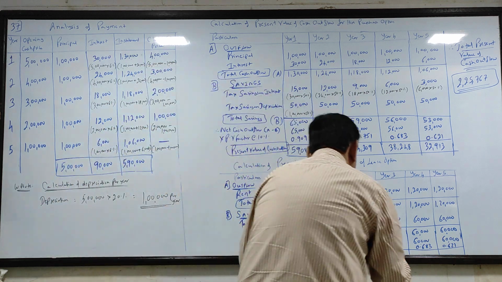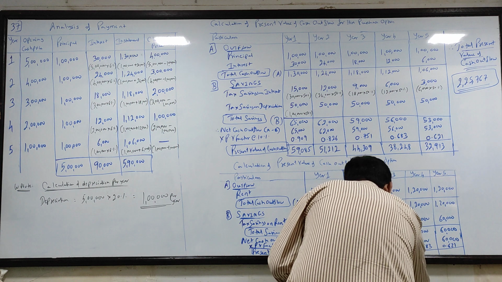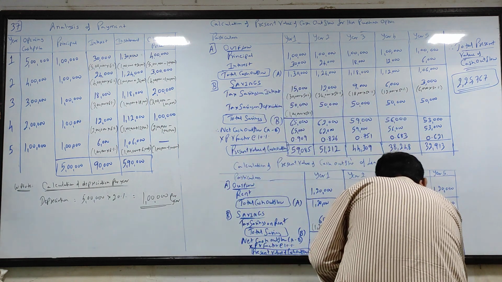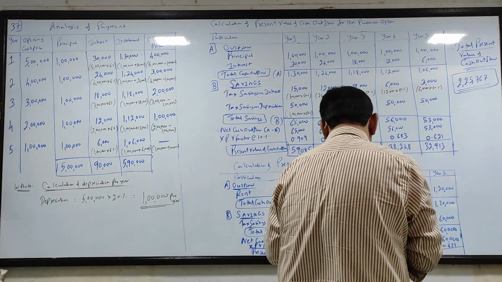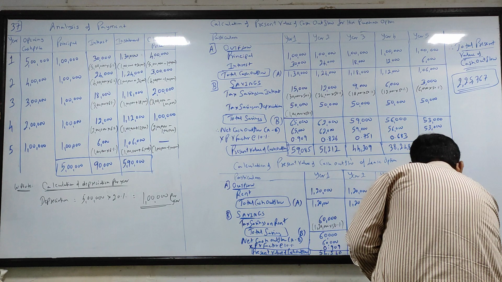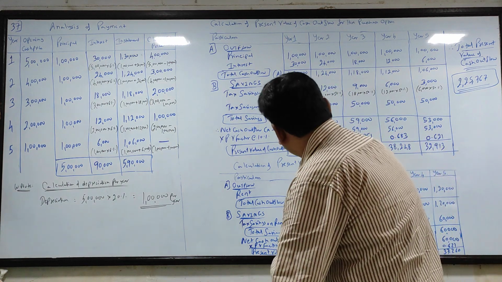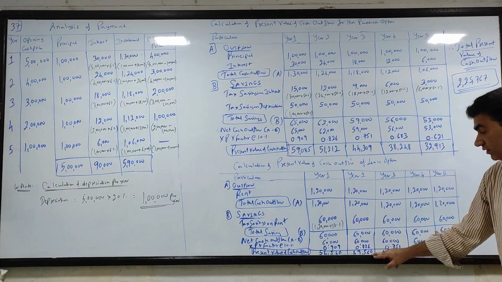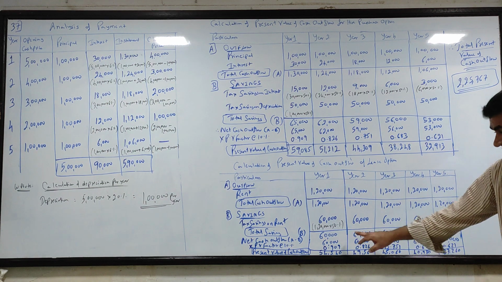Then you have 45,060, 40,980, and 37,260. I'll repeat, guys: 54,540, 49,560, 45,060, 40,980, and 37,260.